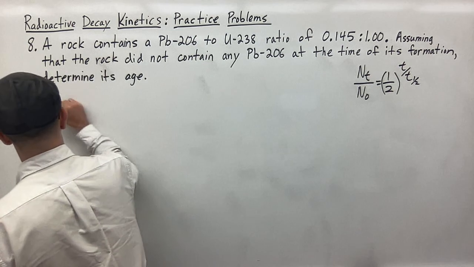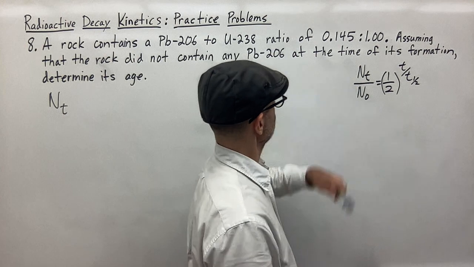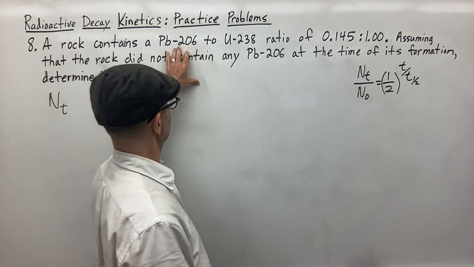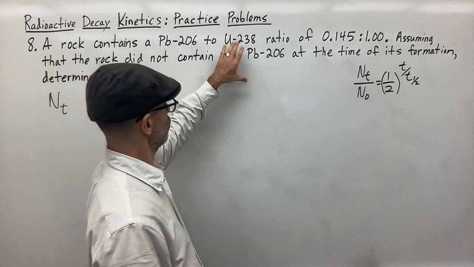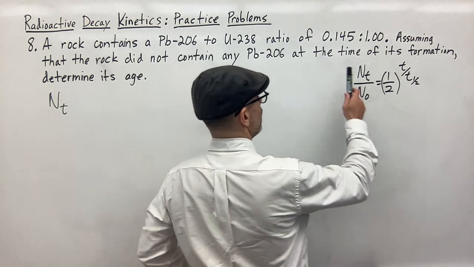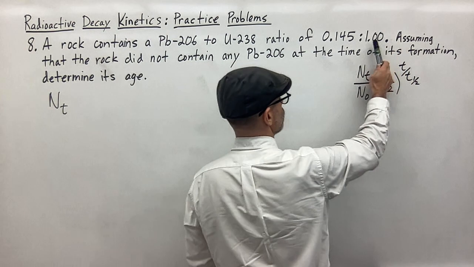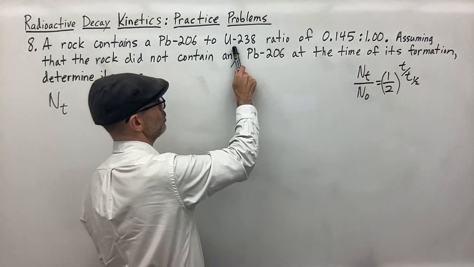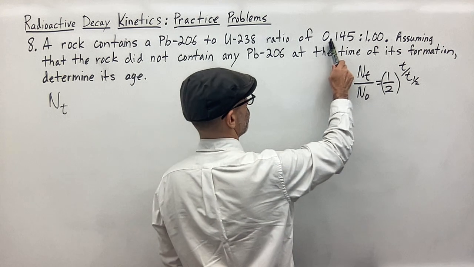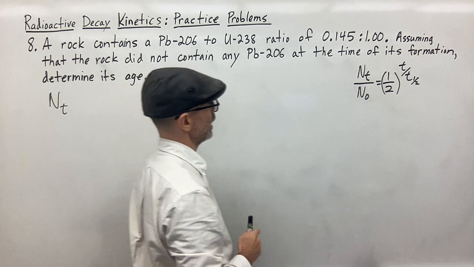So at time t, we have this ratio, and what this basically is saying is that we have a ratio of mass of Pb206 to uranium 238. So for every 1.00 gram of uranium 238 in the sample, you have 0.145 grams of lead 206.